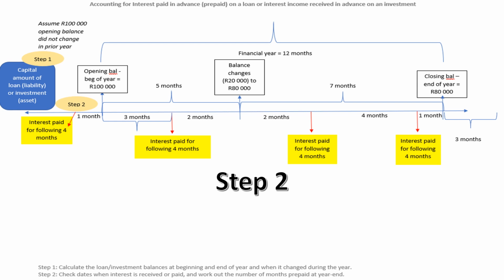So we'd have to take that into account when we calculate the interest, and then paid for the following 4 months, and then the following interest is paid for 4 months, of which 1 month would be in that financial year, 3 months in the following financial year. So each time interest is being paid in advance, or interest is being received in advance if we have an asset, but it's being received for the following 4-month period.